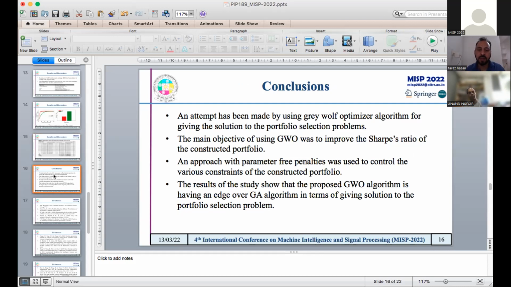An approach of parameter-free penalties was used to control the various constraints of the portfolios. Finally, by showing the results, we can depict that our GWO-based algorithm is performing well both in terms of execution time as well as the optimizing results.